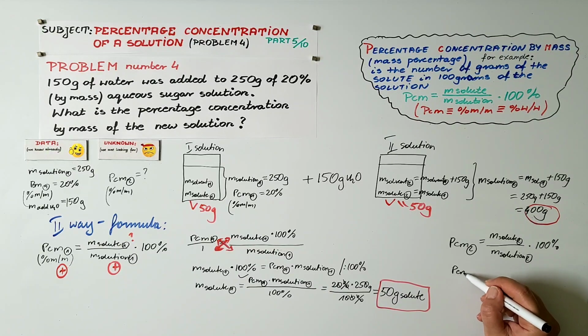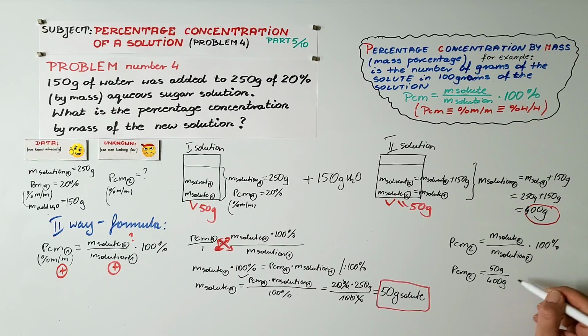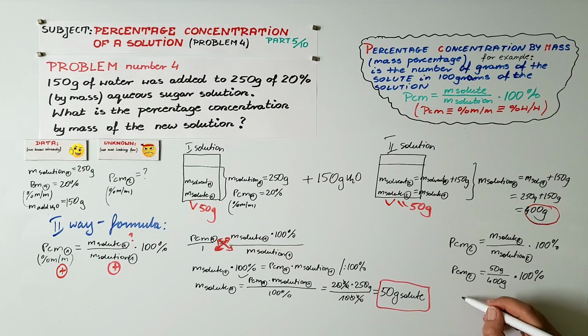So PCM2 equals mass of solute 50 grams over mass of solution 400 grams multiplied by 100%.